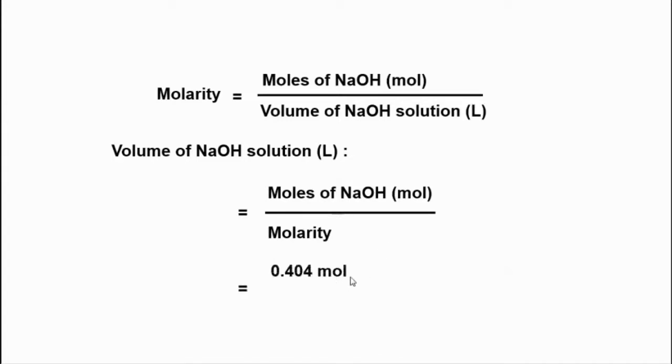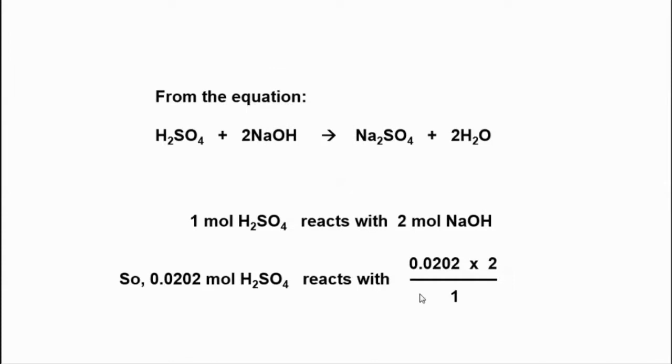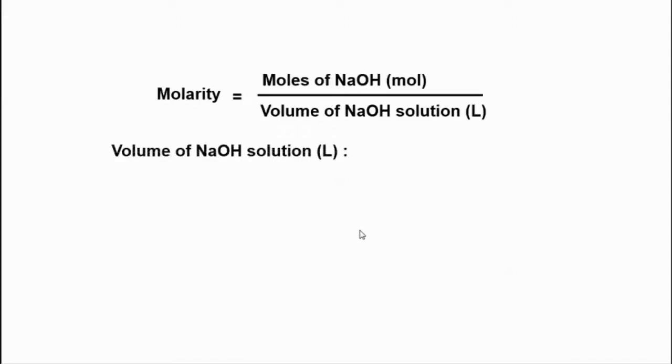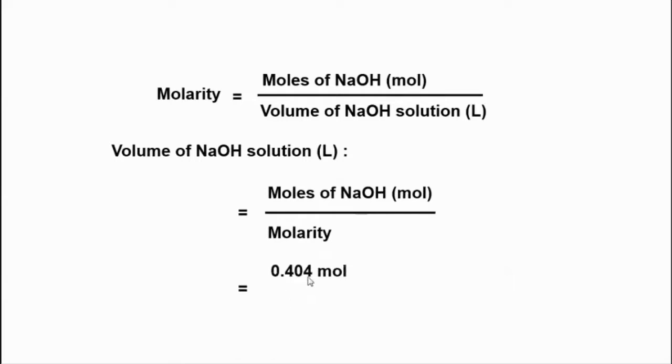So the mole is 0. I think there is a mistake here. It should be 0.0404. Let's look back, yes, it should be 0.0404. So there is a typo here.